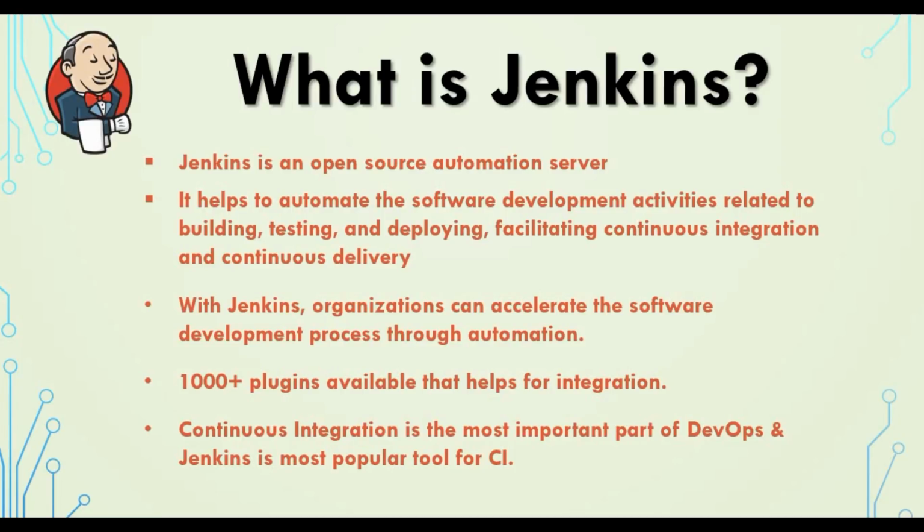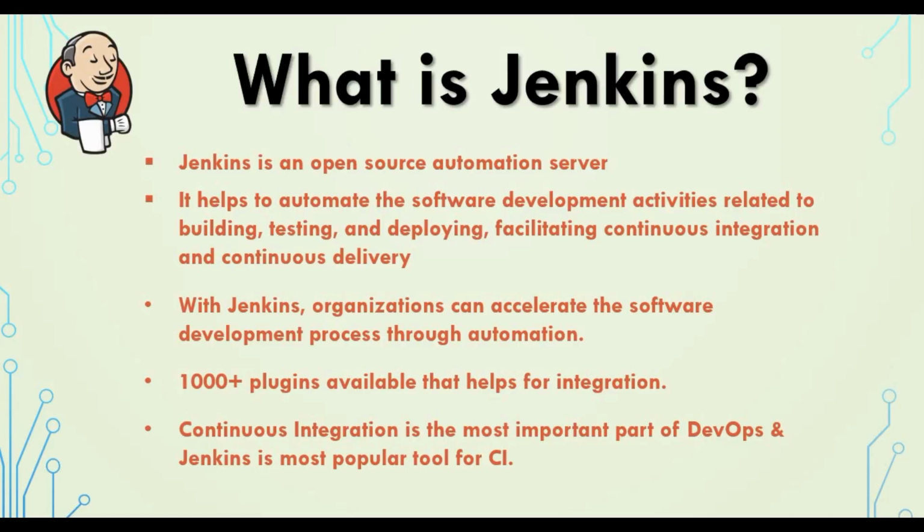the software development activities. When we talk about software development activities, if you're a developer or in operations, you should know how software development happens. For example, if you are going to develop an application, you'll have a planning stage, a coding or building stage, then you'll also have a testing phase, right?